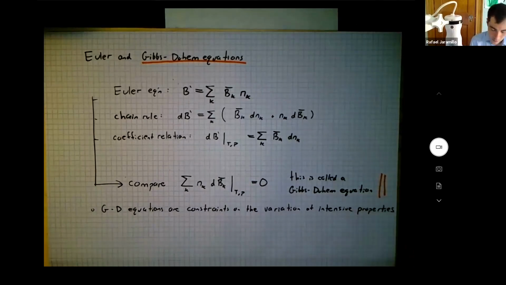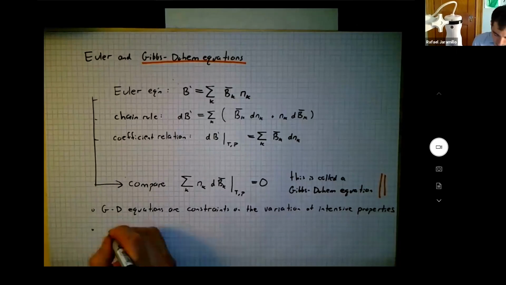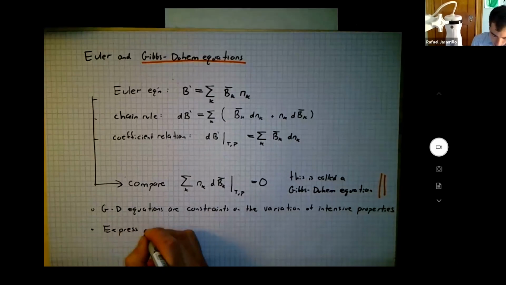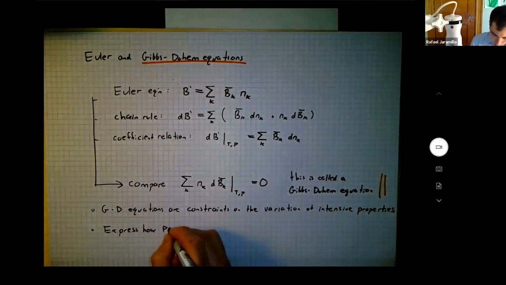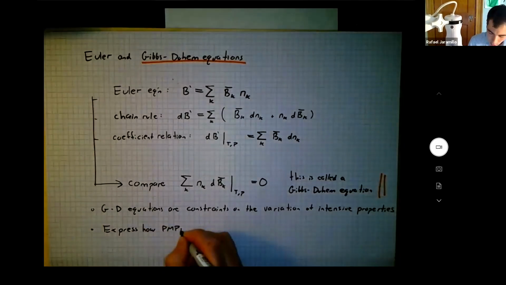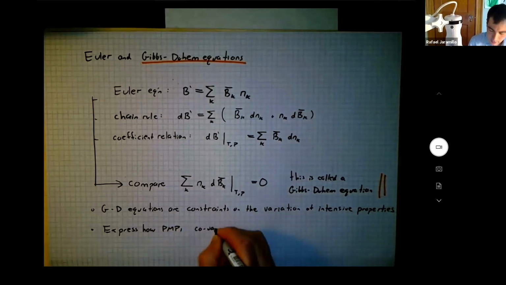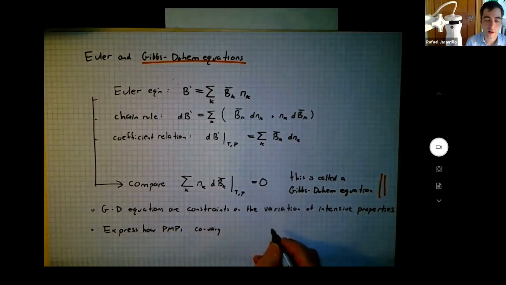All right, or in other words, they express how the partial molar properties covary, right? That's a term from optimization. They covary with system composition.